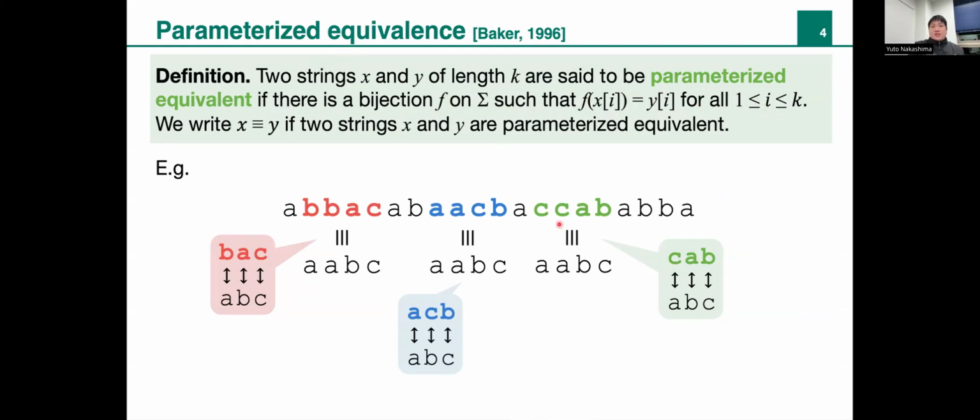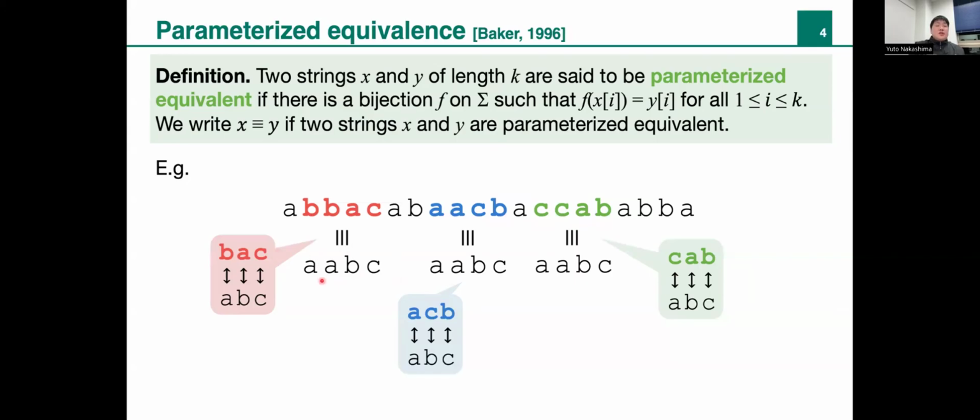Let's see this example. AABC is equivalent to BBAC, AACB, and also CCAB.